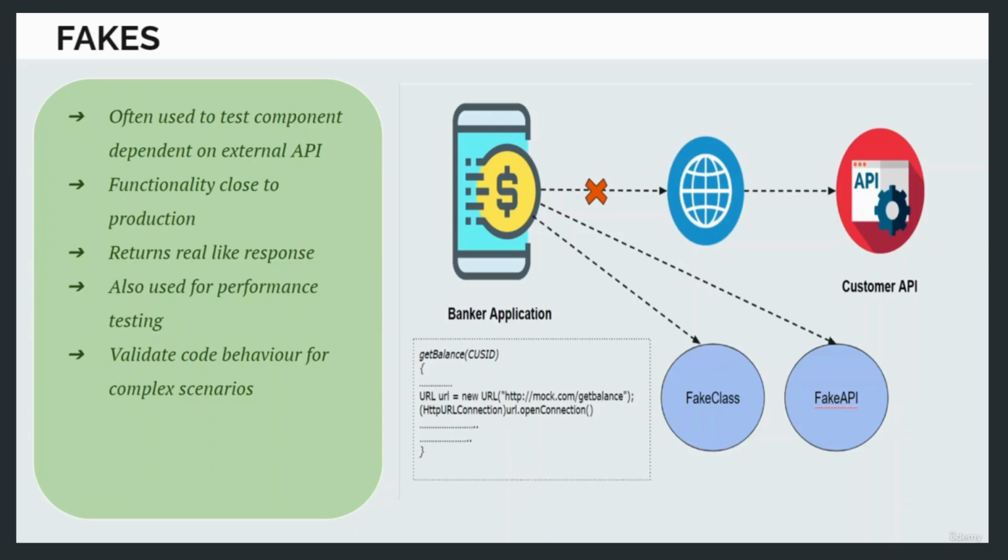So next we will discuss what fake APIs are, right? There are many fake APIs available over the internet, and you can also create your own fake API. There are many web applications and GUI tools available which testers can easily use to create a fake API, right?